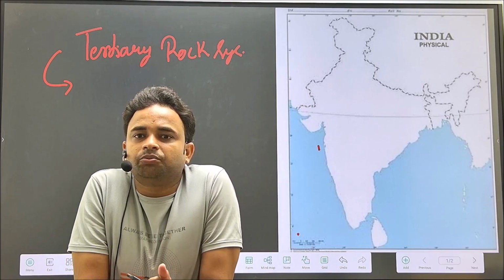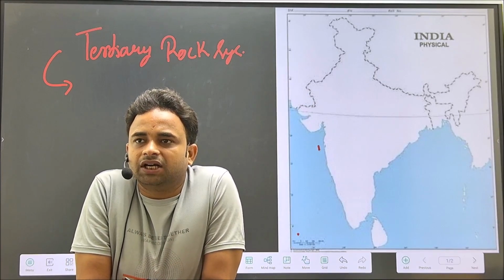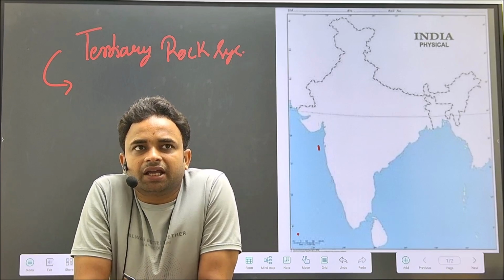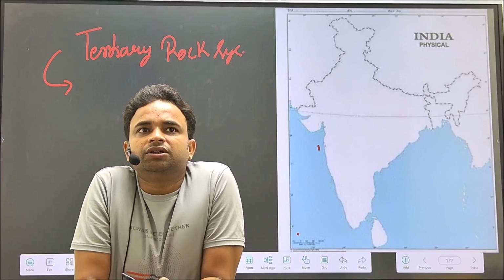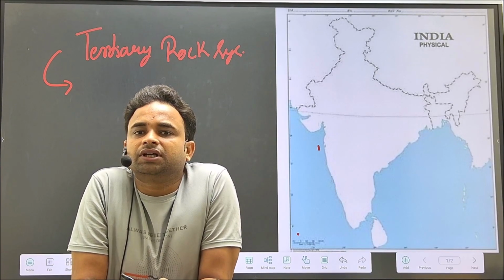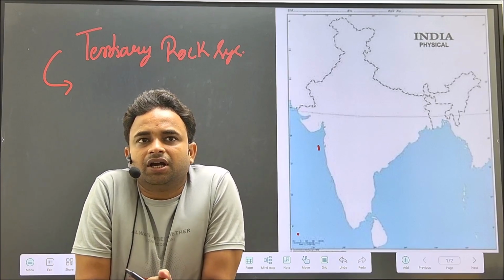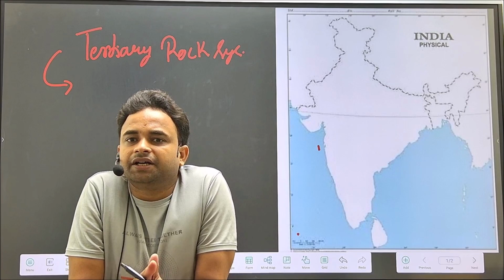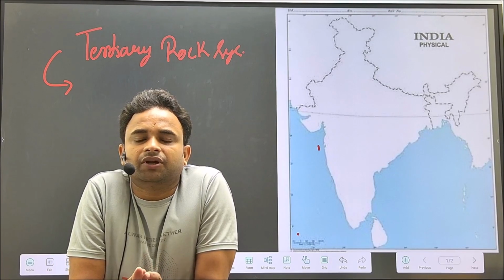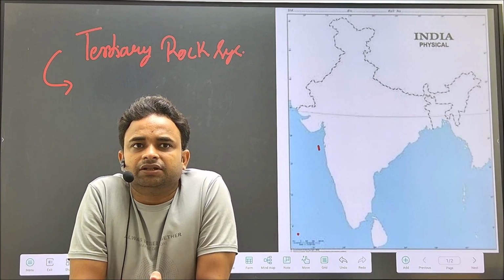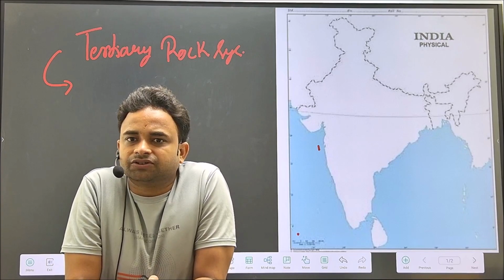First is the breaking off of Gondwana land, and second is the northward movement of the Tethys Sea plate and Indian plate, which collided with the Eurasian plate, thereby forming the Himalayan region.